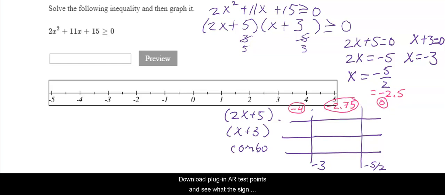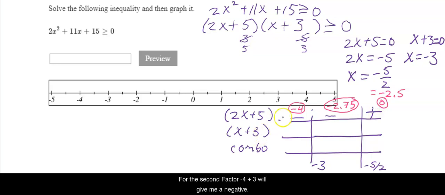Now let's plug in our test points and see what the sign of each factor is. Negative 4 times 2 is negative 8 plus 5 is still negative. Negative 2.75 doubled would be more than negative 5, added to 5 would still be negative. 0 times 2 is 0, plus 5 is now positive.